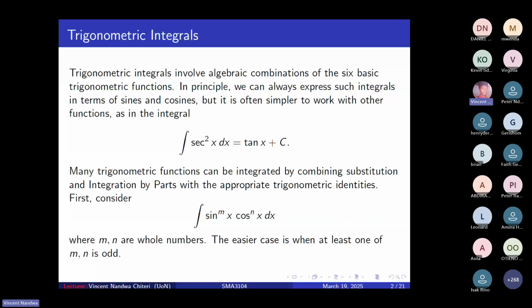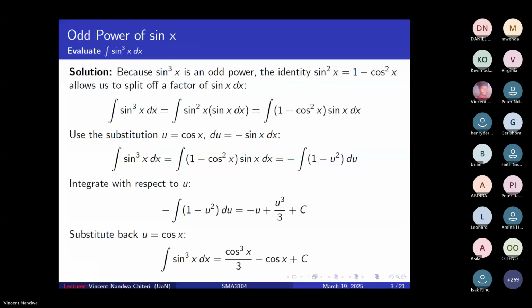Good. So then now when we have such kind of integrals, then there are many possibilities that this power m and n, either all of them can be odd numbers, or one of them can be odd, another one can be even, or all of them can be even numbers.